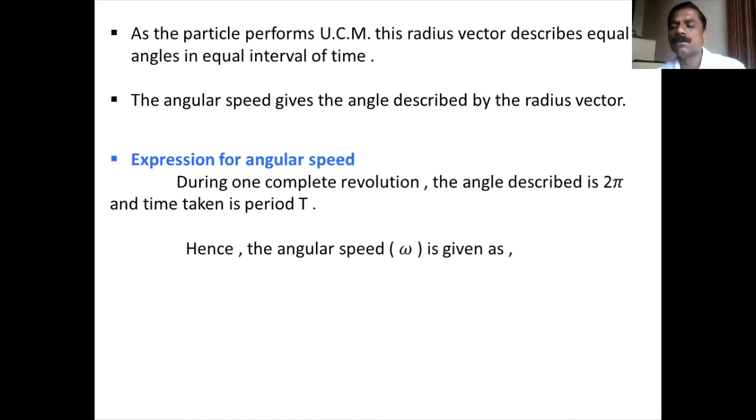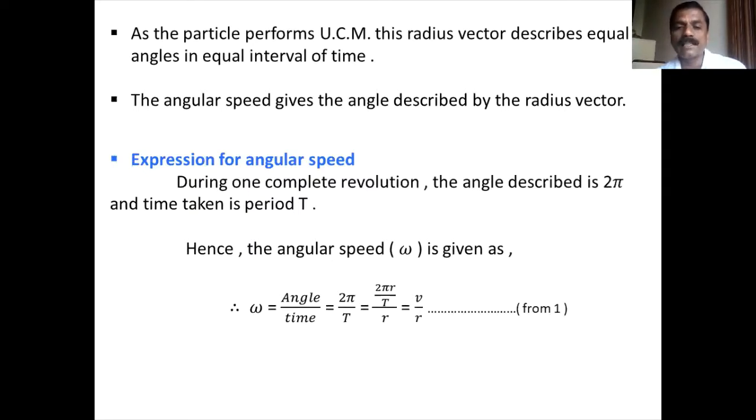As we know, speed is equal to distance divided by time. The same formula applies here: angular speed is equal to angular distance, that is, the angle traced, divided by time.